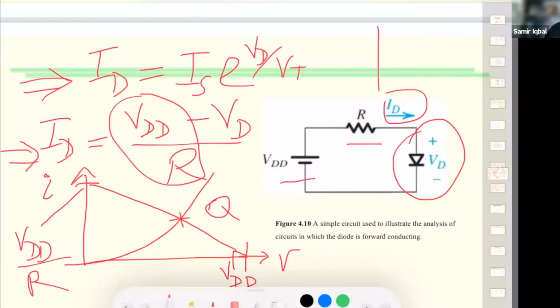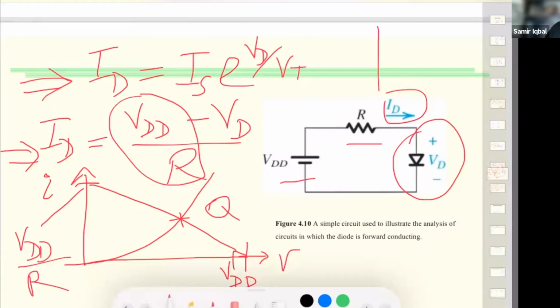There's a concept called the load line, where we are modeling the two ways we can characterize the behavior of the diode. From that, we can find the sweet spot for the diode to operate, where it does not saturate and it turns on and delivers the best that it's supposed to.